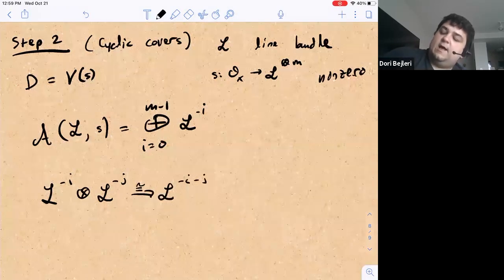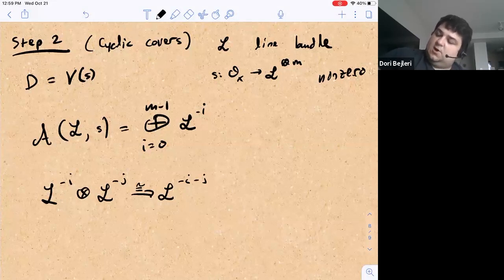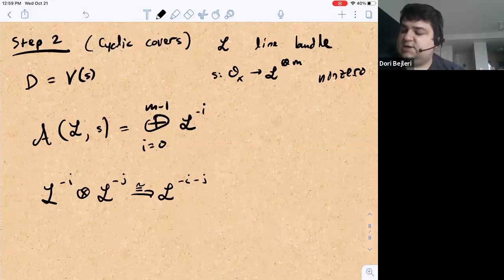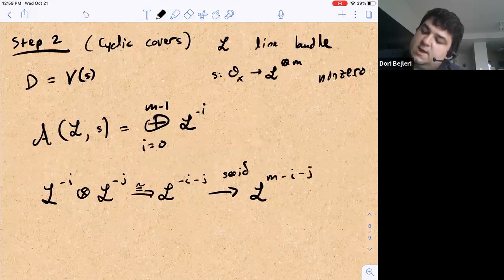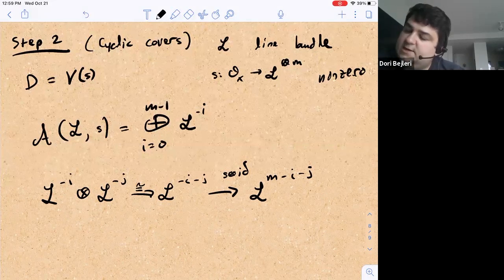But now L to the minus i minus j is not actually one of the terms in our algebra. So we need to shift by this section S to get back to something in degree between 0 and m minus 1. So we apply S tensor the identity to get something in L to the m minus i minus j. And now if i and j are between 0 and m minus 1, then m minus i minus j will be in that range.